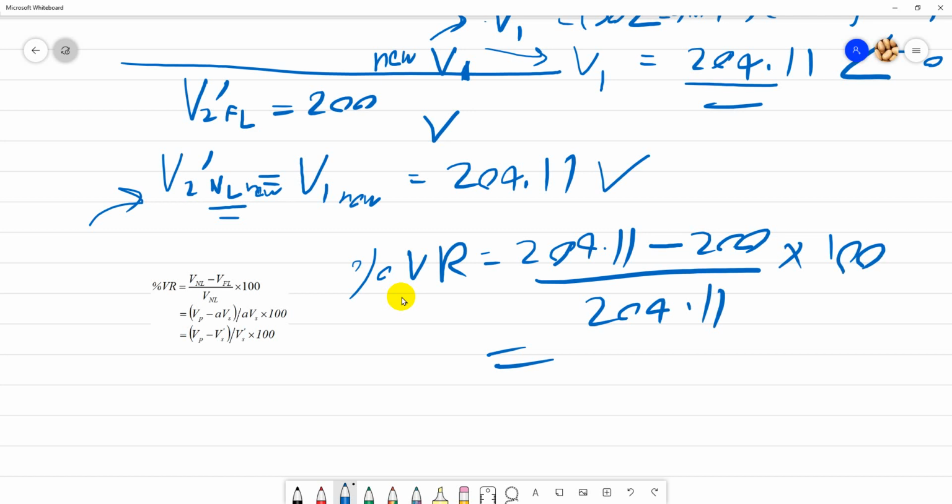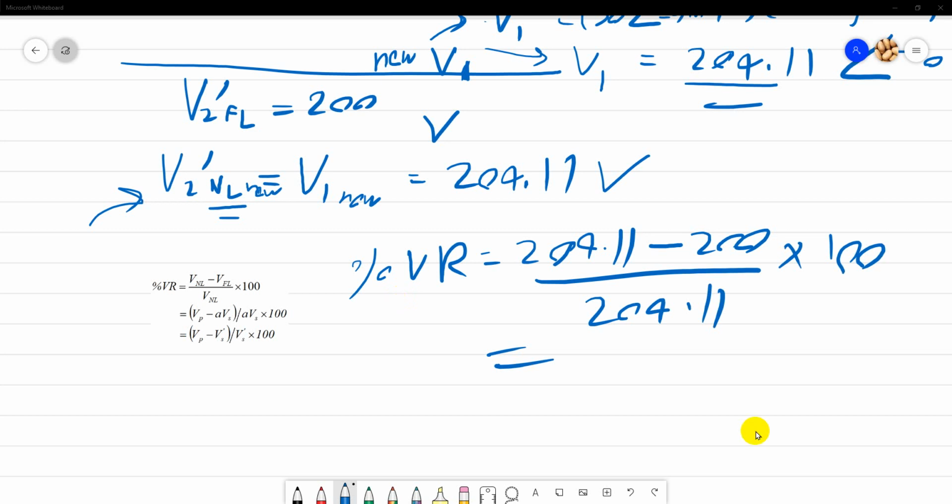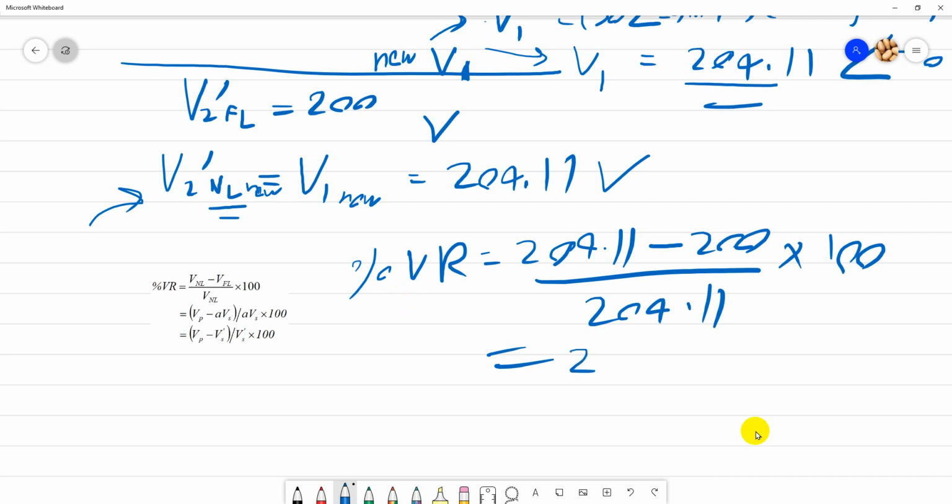So you get the voltage regulation is 2.01%. So that is how you do the voltage regulation.